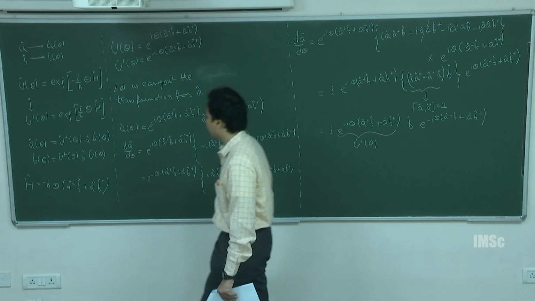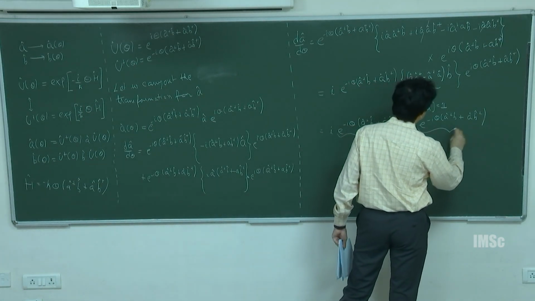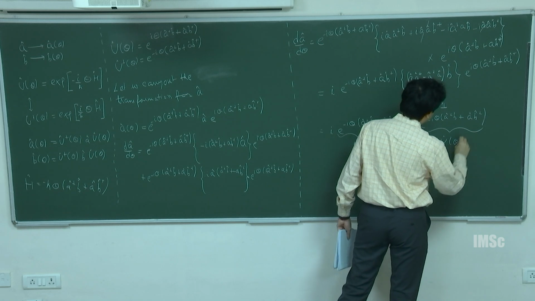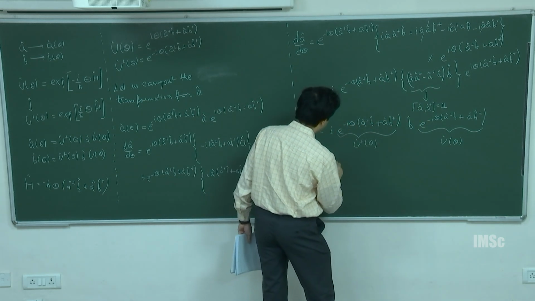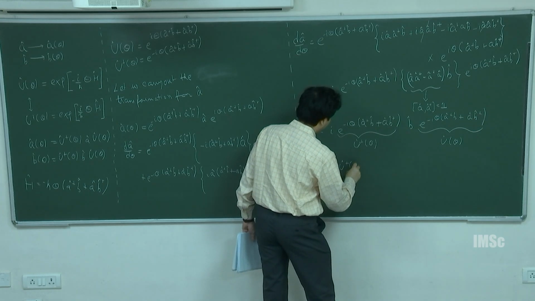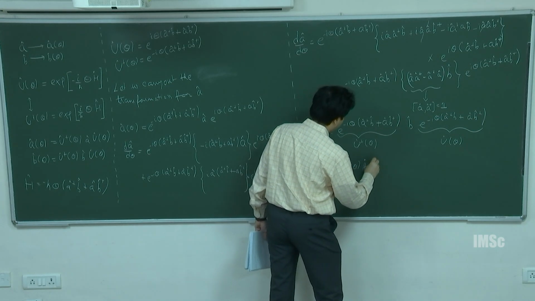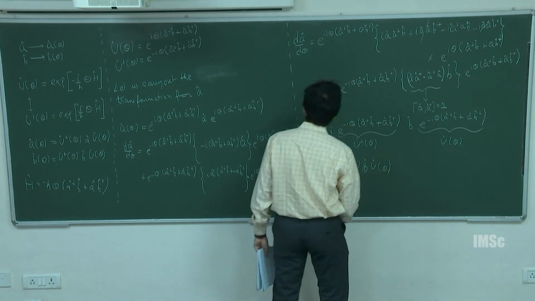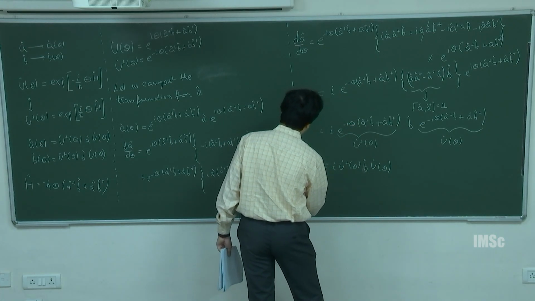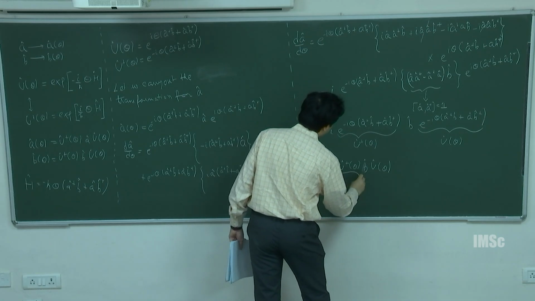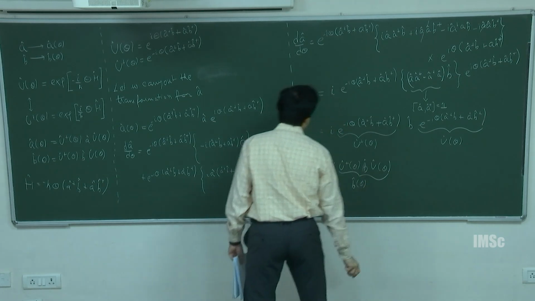U dagger of theta. This one is U of theta. So this is A of theta.